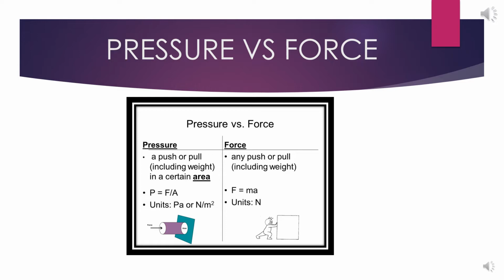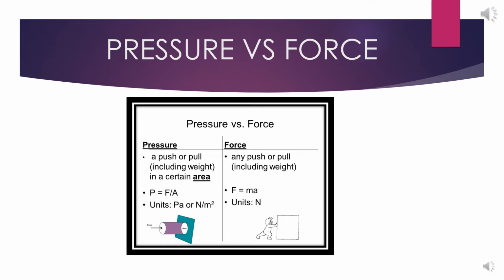And what is force? It is any push or pull, and it also has a formula: F = ma, where m is mass and a is acceleration. And what is the unit of force? The unit of force is Newton. The unit of pressure I will discuss in the next slide.